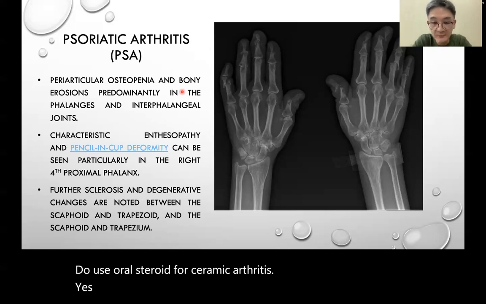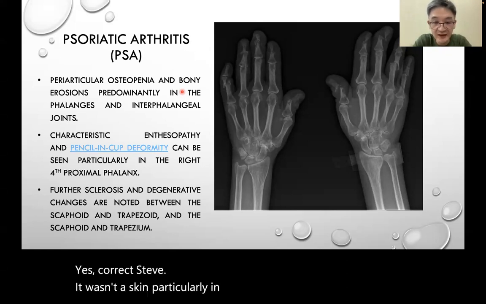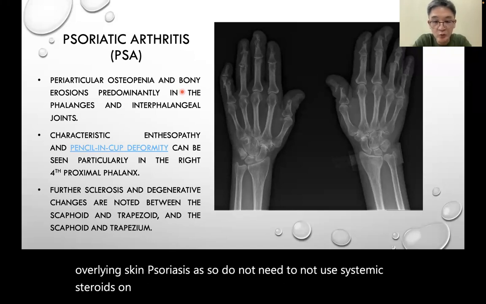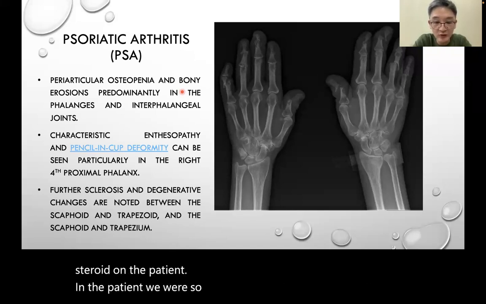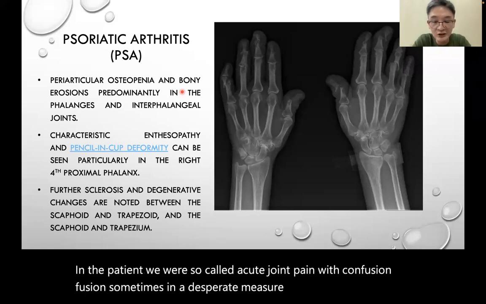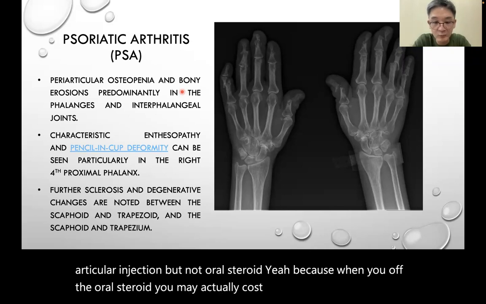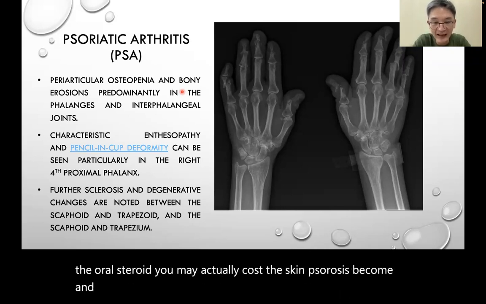Steroid will worsen the skin, particularly if the patient has underlying or overlying skin psoriasis as well. So do not use systemic steroid on a patient with psoriatic arthritis. In a patient with acute joint pain with effusion, sometimes as a desperate measure we do give intra-articular steroid injection, but not oral steroid. Because when you stop the oral steroid, you may cause the skin psoriasis to worsen, and you may end up with erythrodermic psoriasis later.